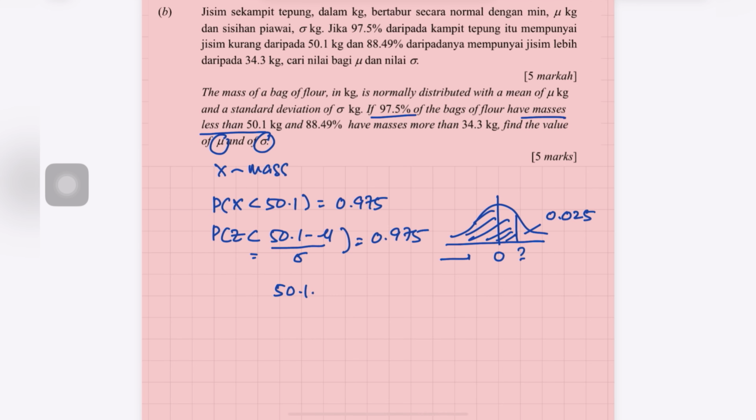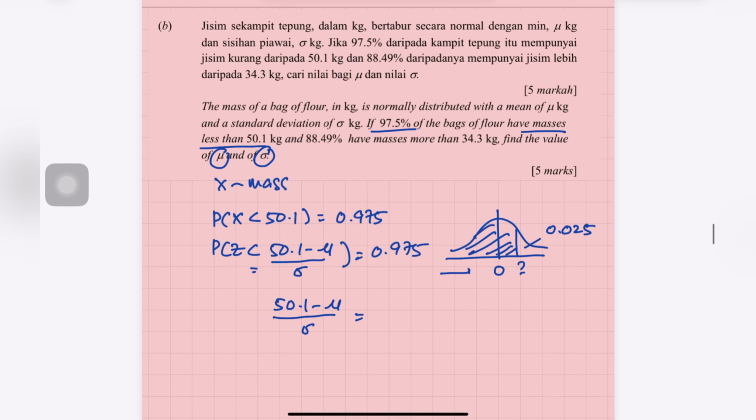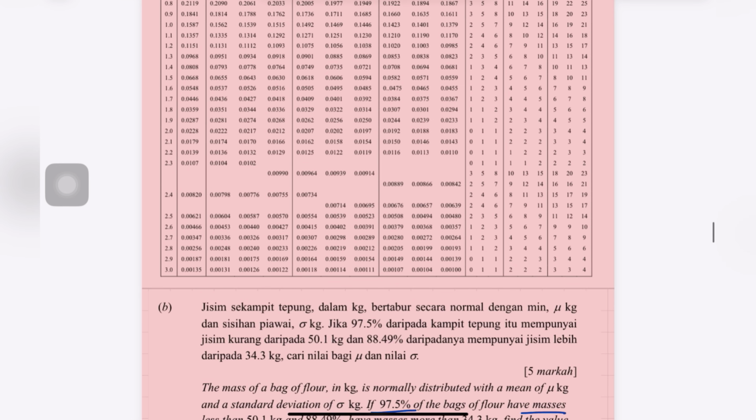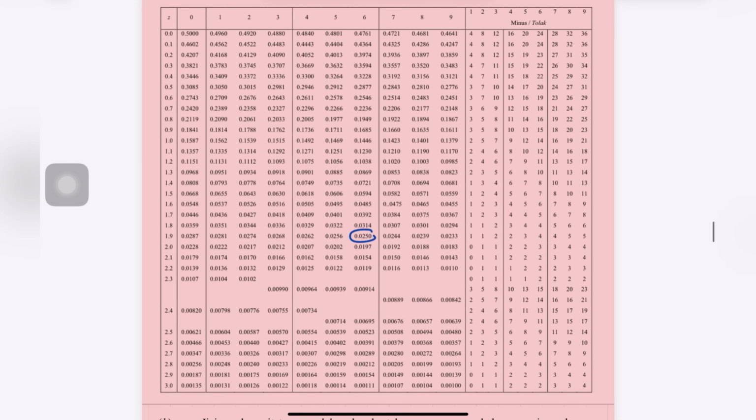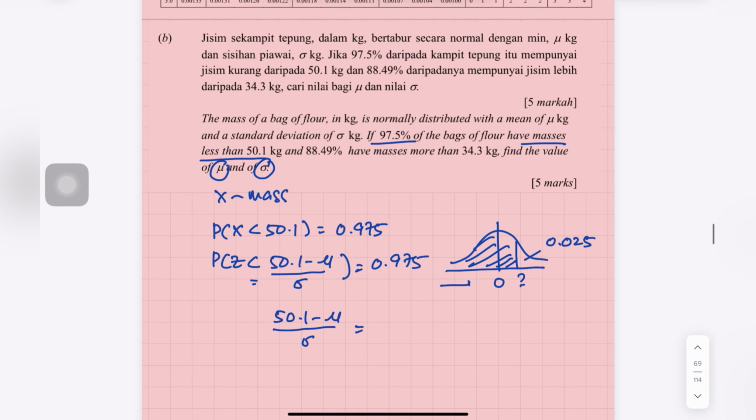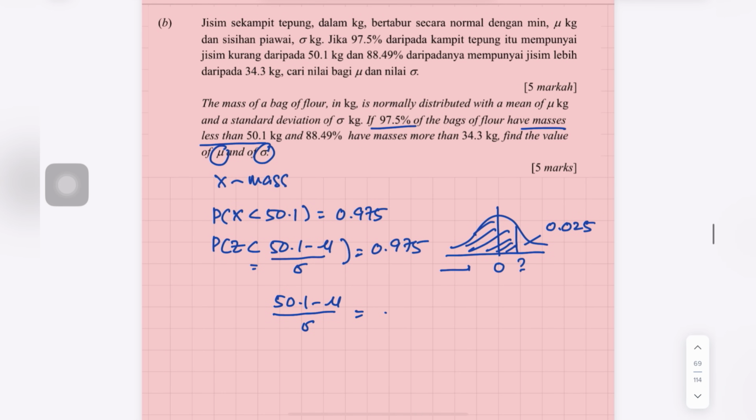So 50.1 minus mean over standard deviation, we look up 0.025. It is 1.96.